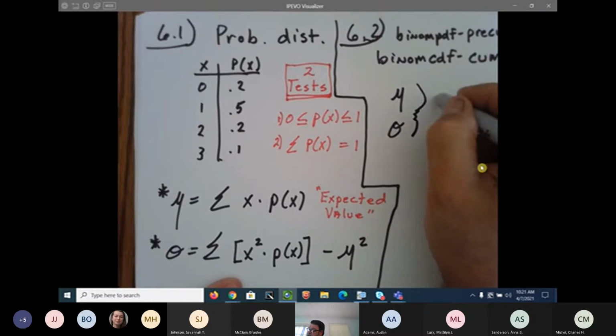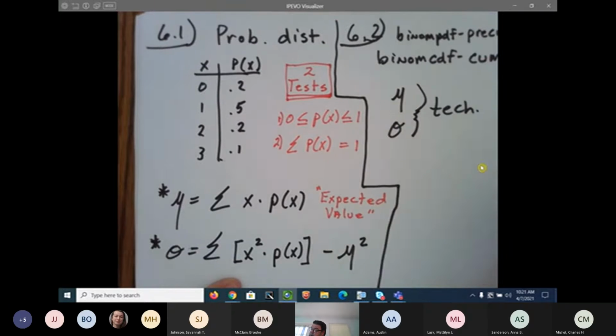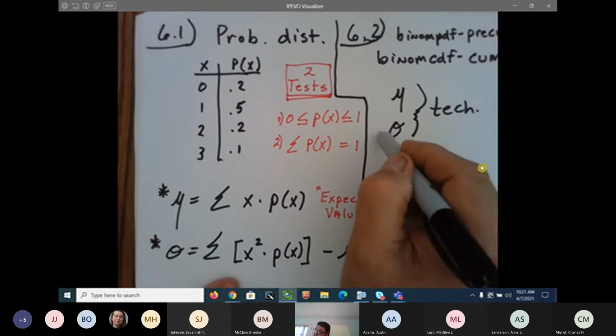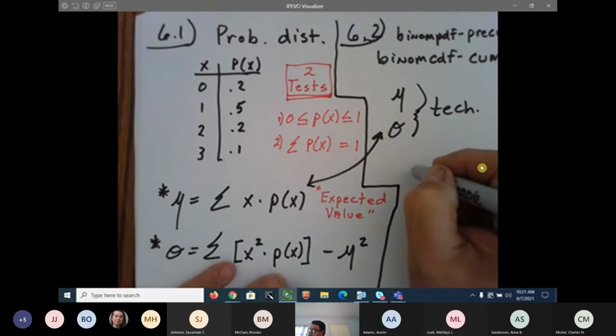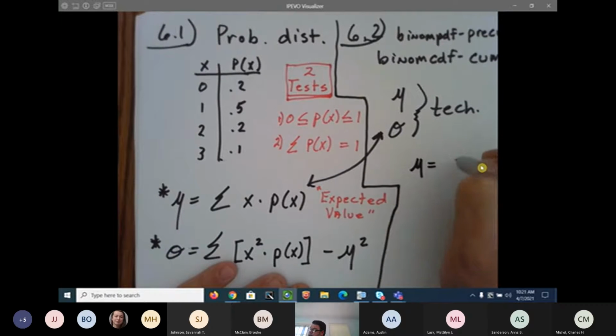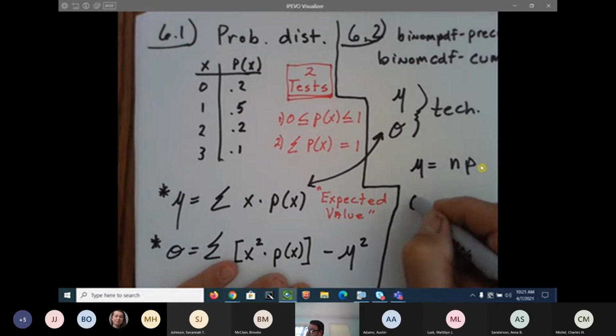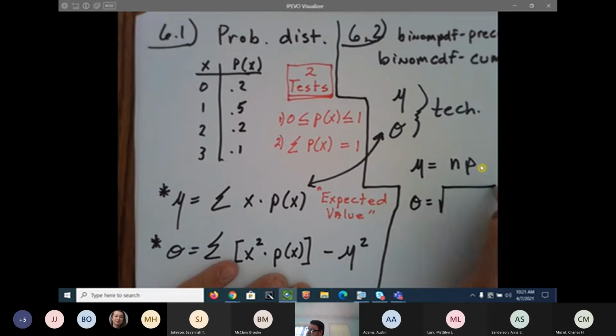And I'm going to put technology right there. And by hand, mu is equal to n times p, and the standard deviation is equal to the square root of npq.